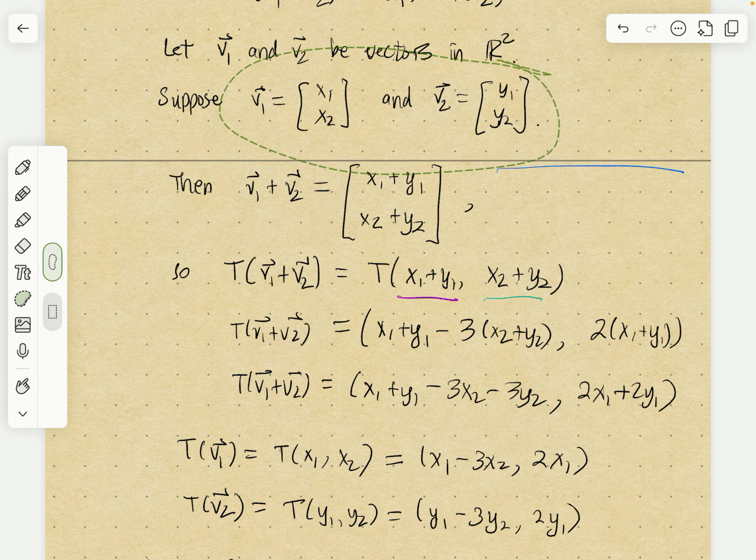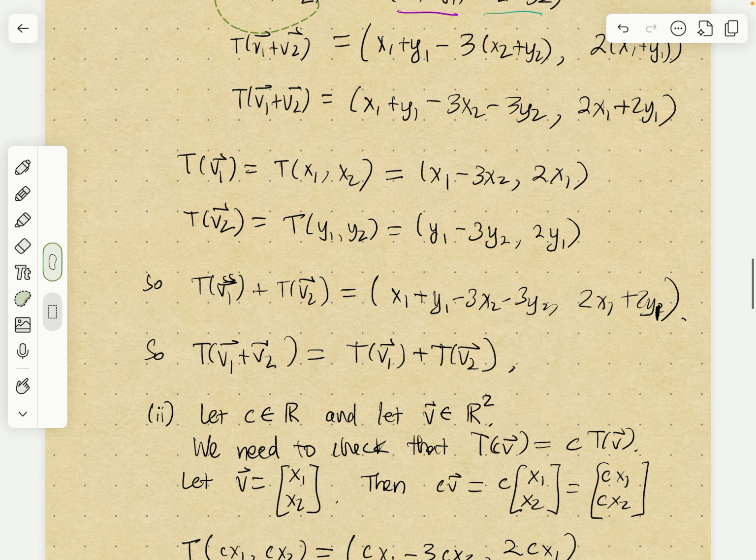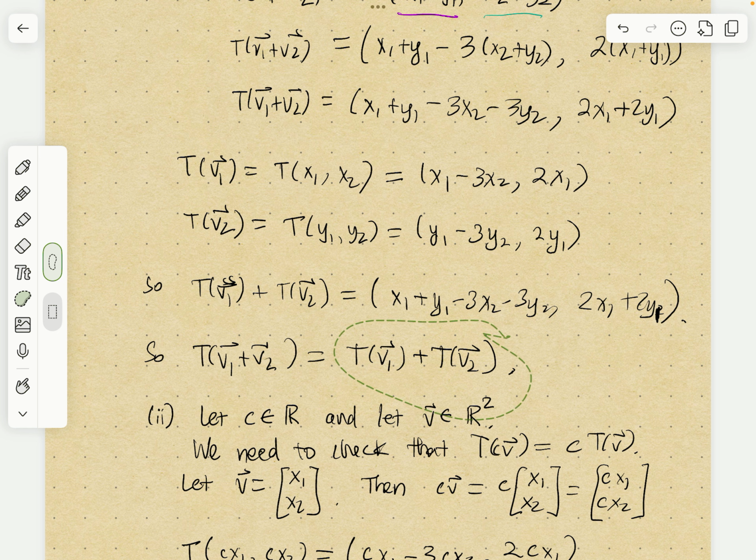We showed that no matter what your x1, x2 are, no matter what the components y1 and y2 are, T of v1 plus v2 is always going to equal T of v1 plus T of v2. That's why for a proof that something works for all v1 and v2, you had to work with general symbols instead of specific numbers.